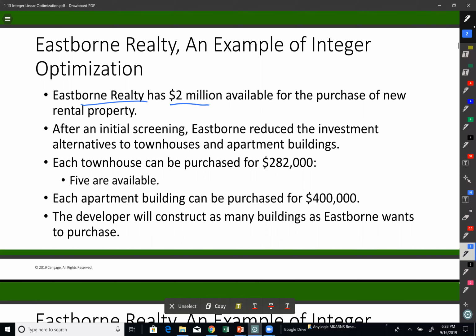After initial screening, Eastborne decides to choose between townhouses versus apartment buildings. Each townhouse on average costs us $282,000, and there are only 5 available for us to purchase. Each apartment building costs us $400,000, and it looks like we can buy as many as we want in terms of apartment buildings.